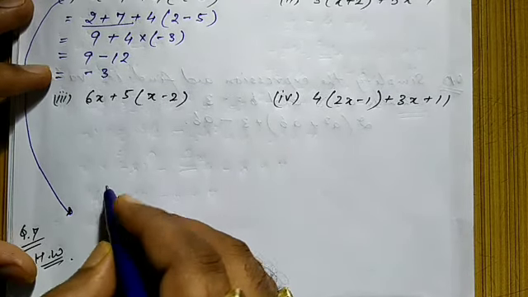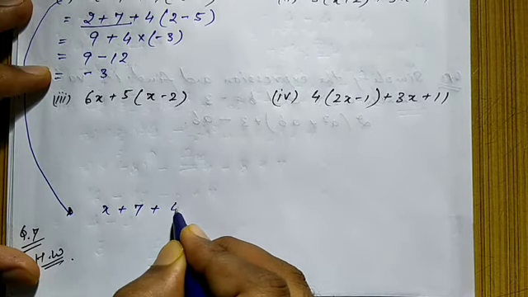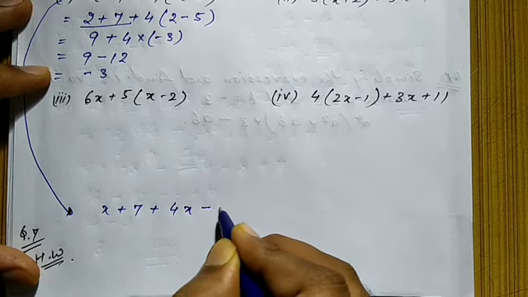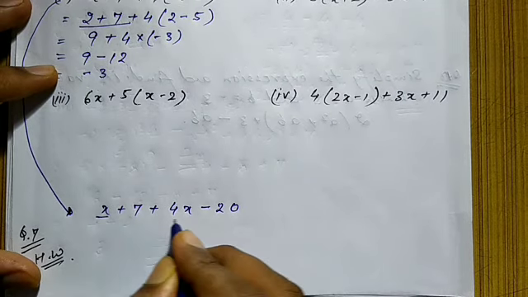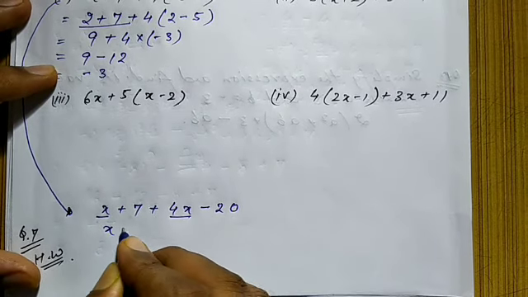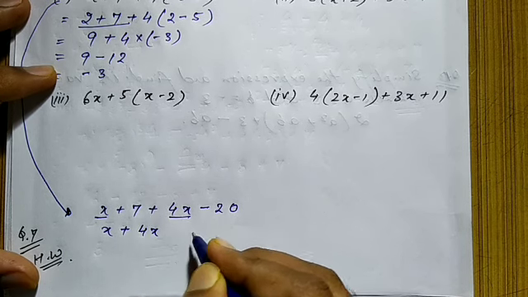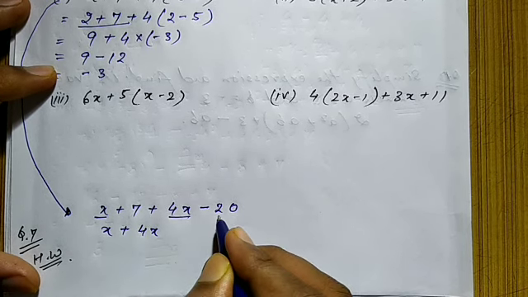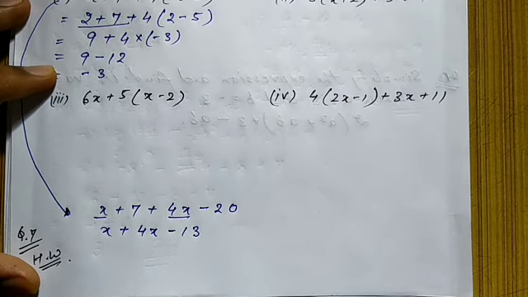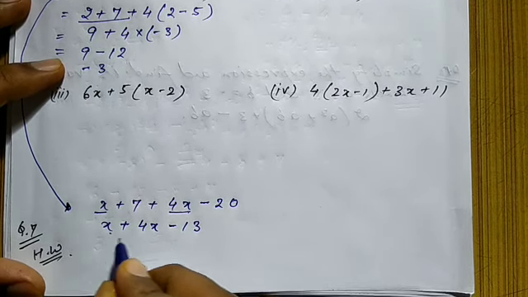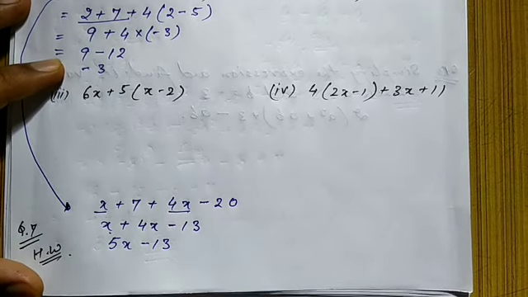See, x plus 7 plus 4x minus 20. Okay, x plus 4x, minus 20 plus 7, that is minus 13. Okay, x plus 4x, that is 5x minus 13.